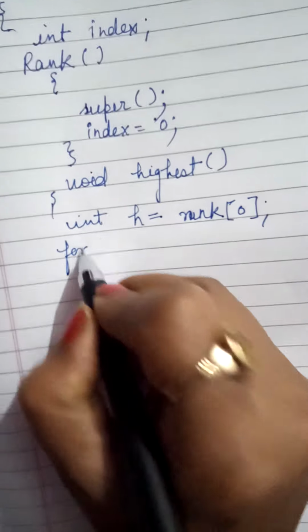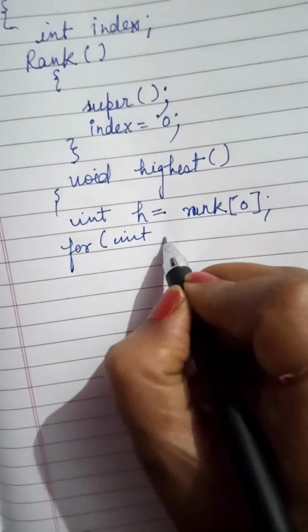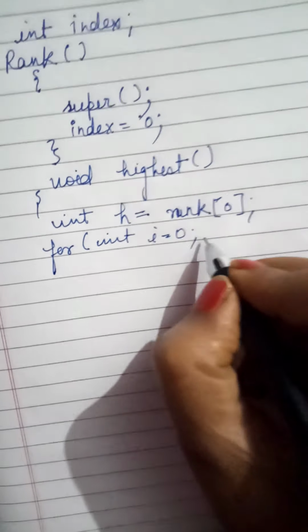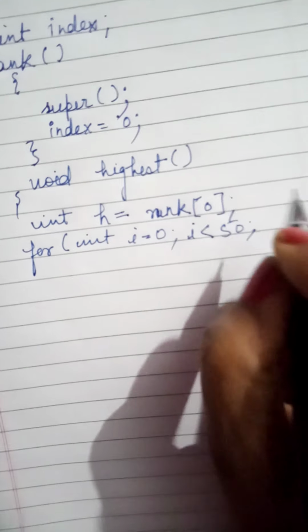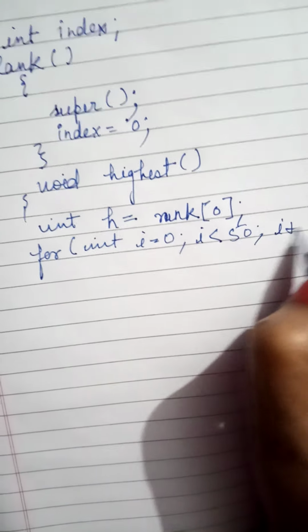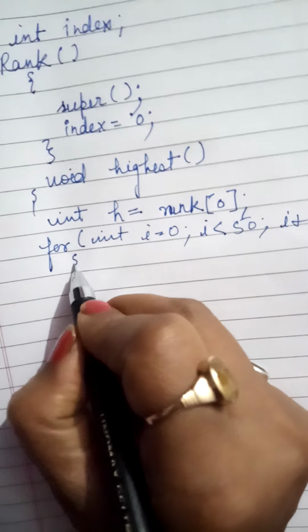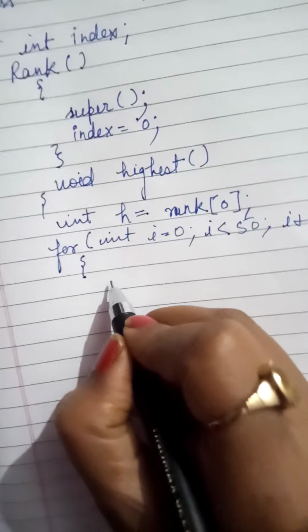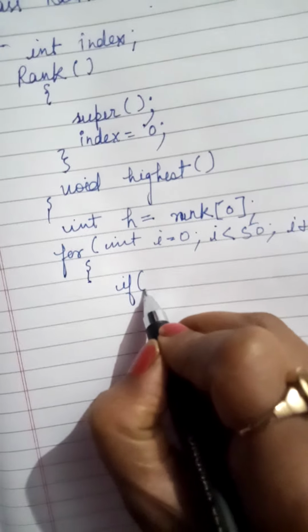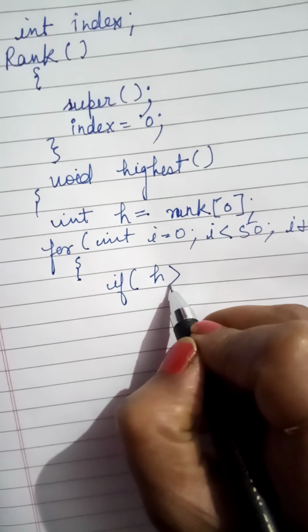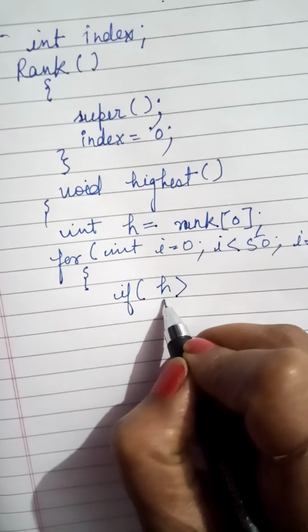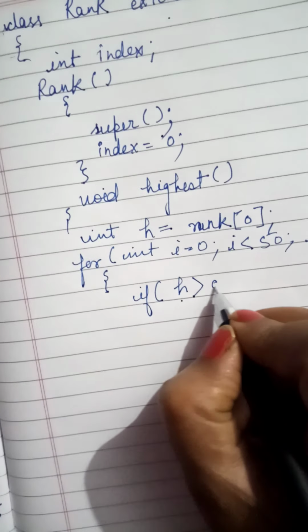Now we will write a loop from 0 to less than 50. We have 50 ranks. Okay, now what we will do, we will compare, not use sorting. We have assumed that the first rank is the highest, and we are comparing the first with the rest of the ranks.